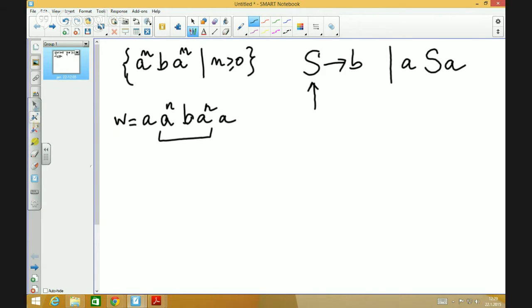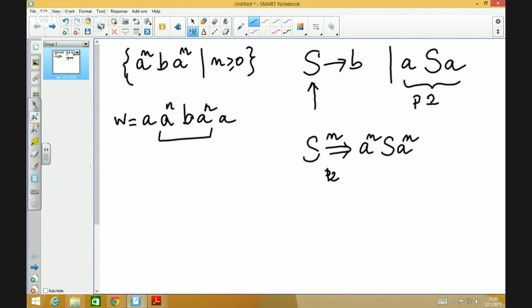So what do I do? I repeatedly use this production to generate a string. If I call this my production 2, P2, I repeatedly use P2 n times to generate what? If I use it n times, I will create n A's, then I have an S in the middle, and then I have n A's that follow.